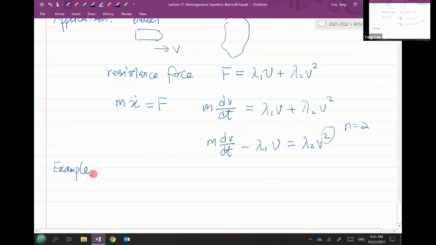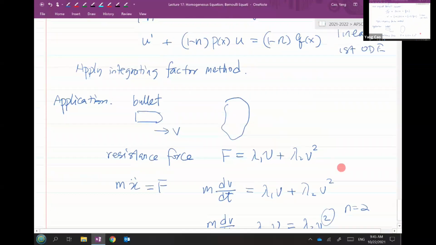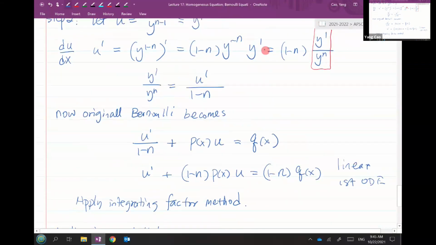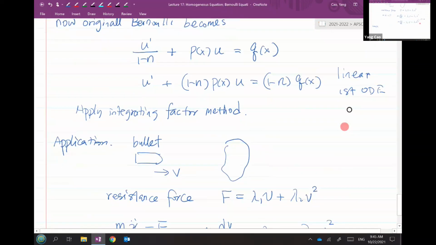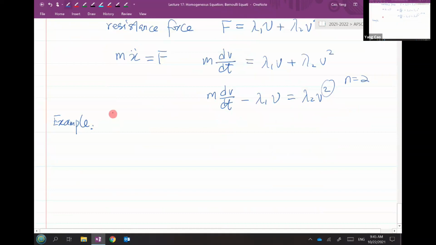All right, so now let's look at how we can solve this using an example. We more or less talked about how to solve it, but this is a very general approach. So let's apply this approach to a specific example here. y prime equals ay minus by squared, where a and b are constants.